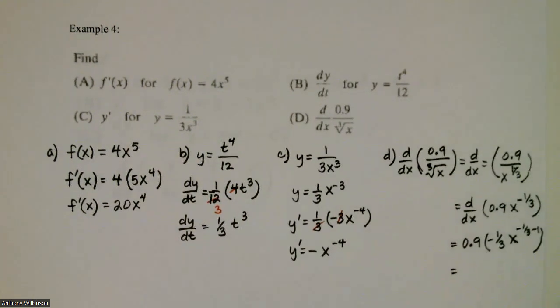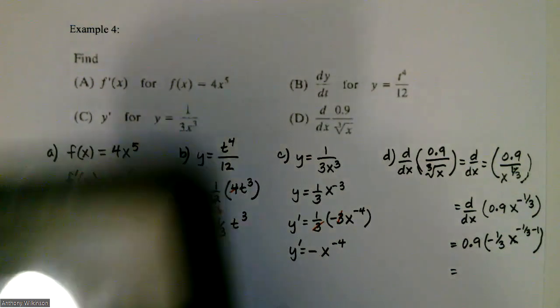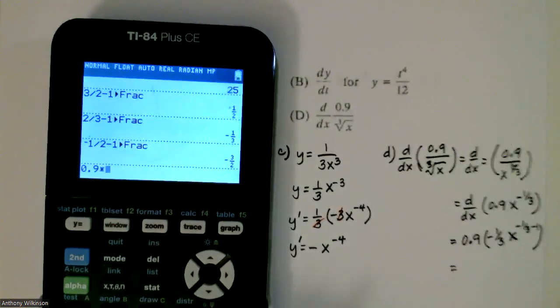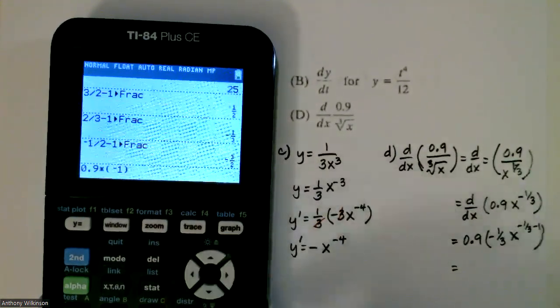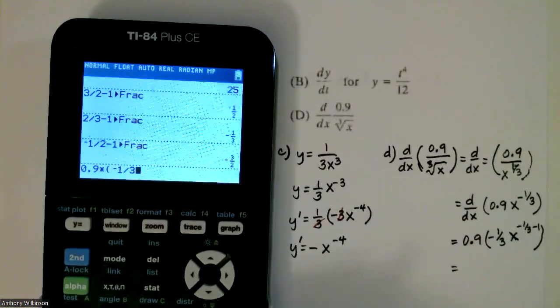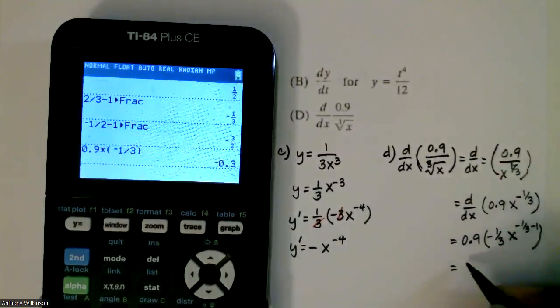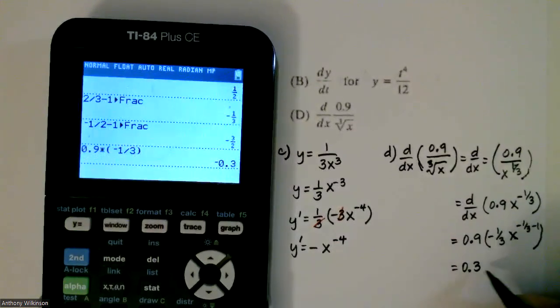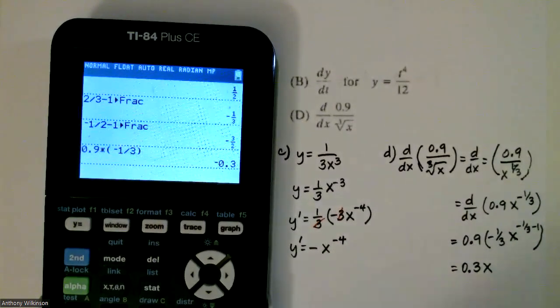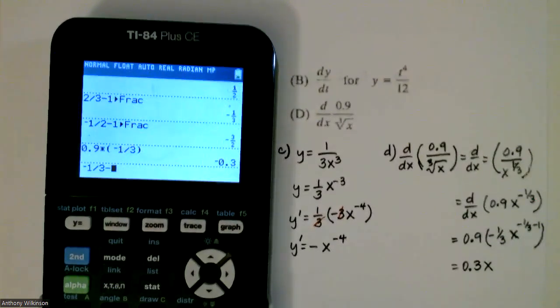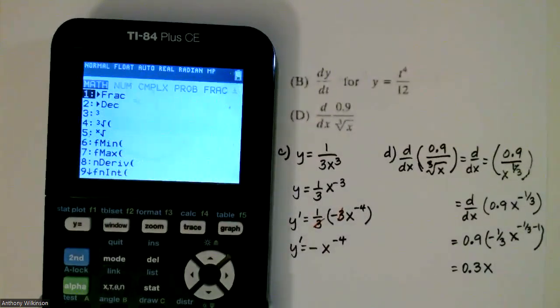And if I simplify, let's see, 0.9 divided by negative 3, or 0.9 times negative 1/3, would end up being negative 0.3. Then copy that x over, and then I have negative 1/3 minus 1 as a fraction.